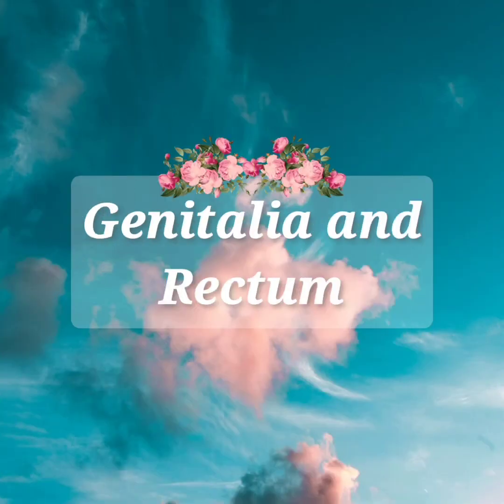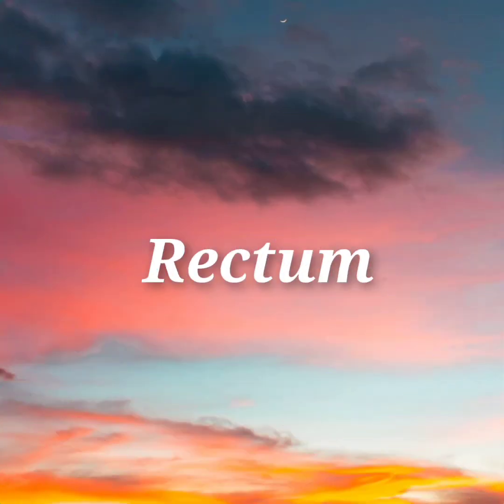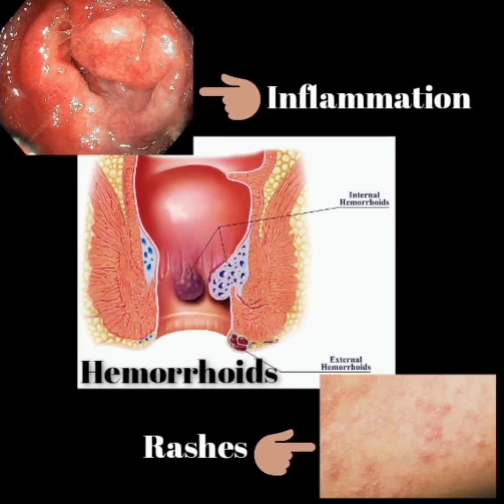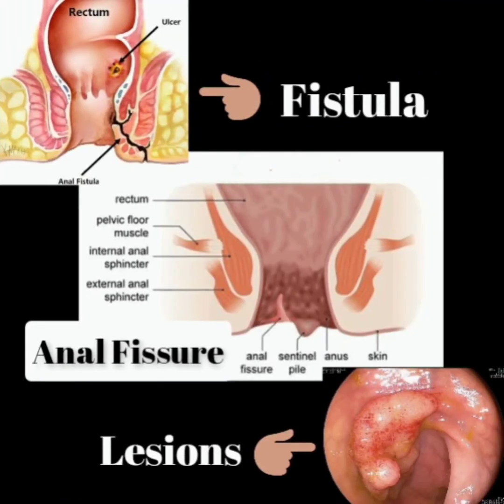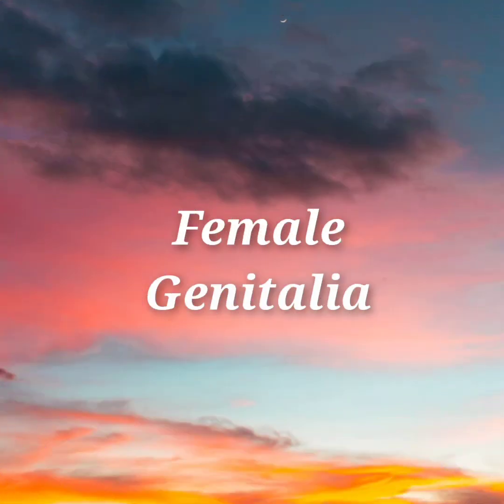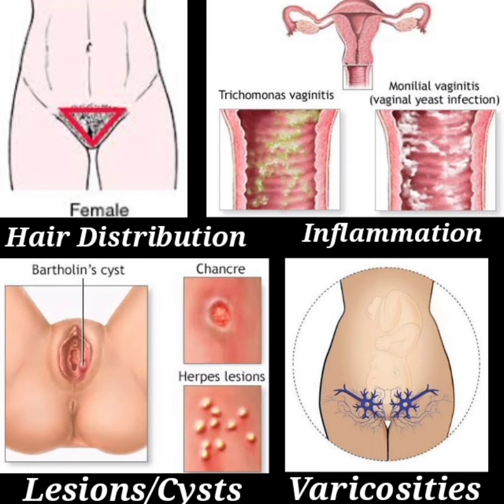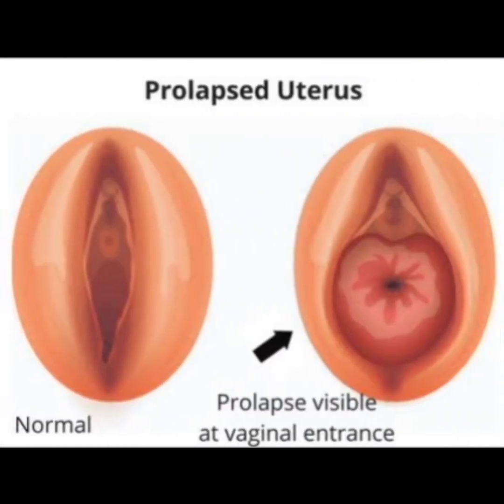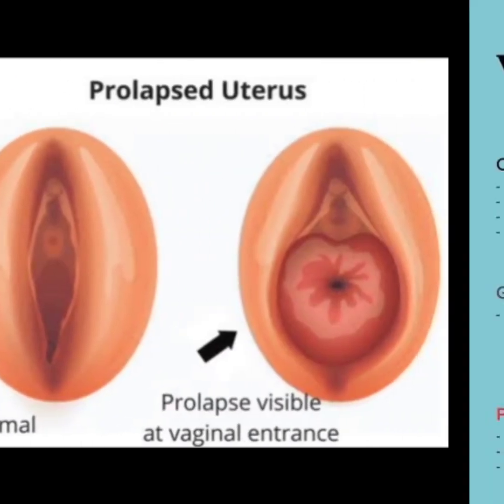Assessment of genitalia and rectum. Assess the rectum for inflammation, hemorrhoids, rashes, fistula, anal fissures, or lesions. Assess the female genitalia for hair distribution, inflammation, lesions, cysts, or varicosities, and also assess for uterine prolapse.